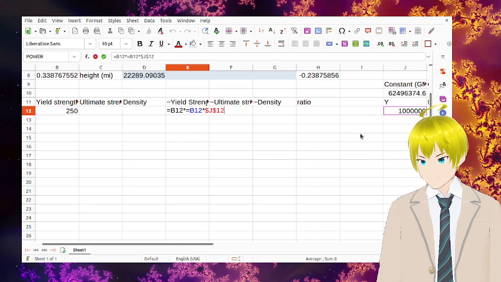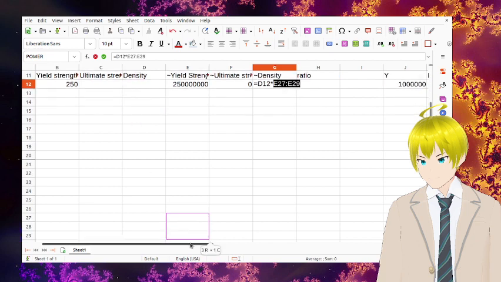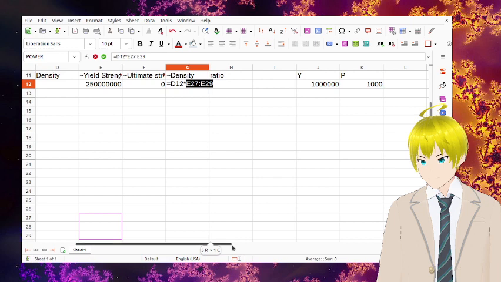I think there's some shortcut to do it, but I just don't know the shortcut. And this one equals this times the same, which is 0 right now, and then this equals this column times 1,000. There we go.